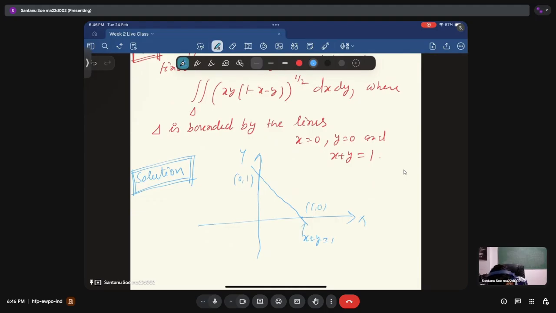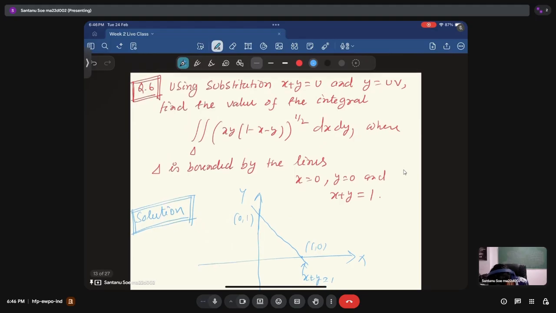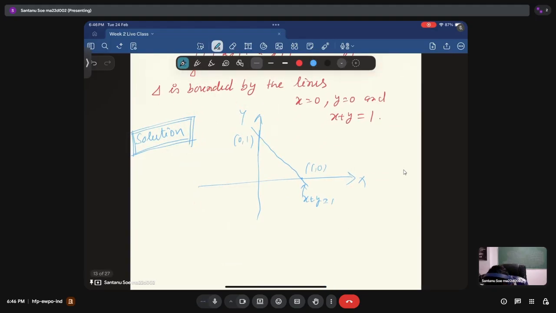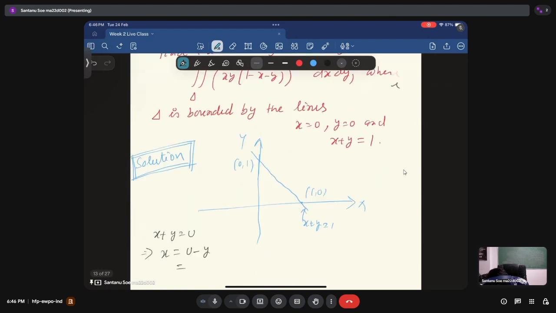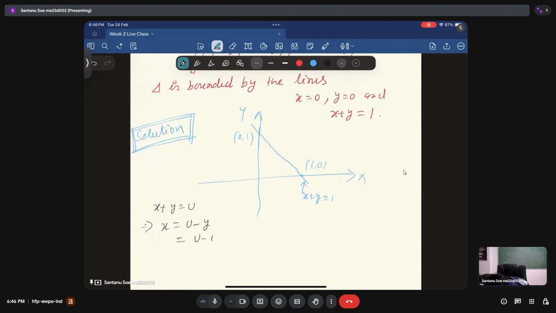It is given that x plus y equals to u and y equals to uv. So x plus y equals to u implies x equals to u minus y. Now y is uv, right? So this will be u minus uv, or u times 1 minus v, and y is given by uv.